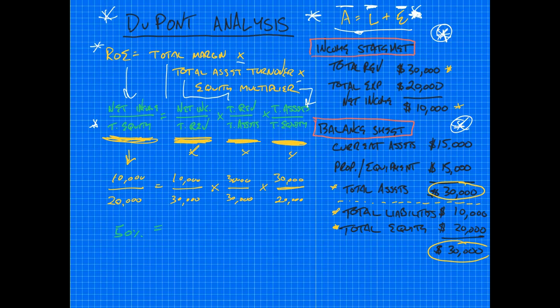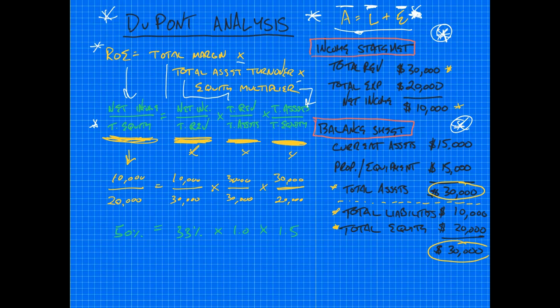The next one is 10,000 divided by 30,000. That's going to equal 0.33, or 33%. 30,000 divided by 30,000 is 1. And then our equity multiplier, or our leverage amount, is a 1.5.